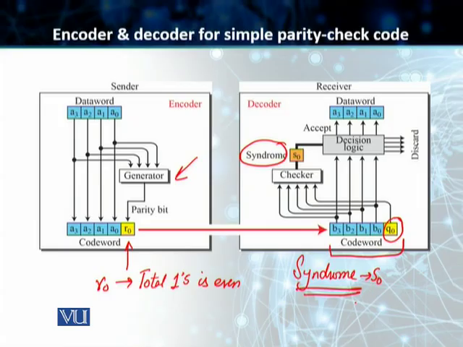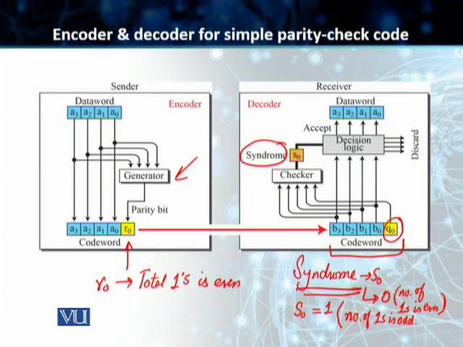Students, this syndrome is an important concept. The syndrome S0 is going to be 0 when the number of ones is even, and it is going to be 1 when the number of ones is odd.